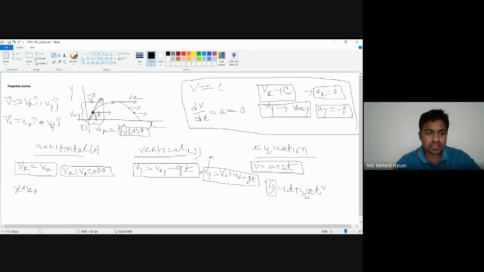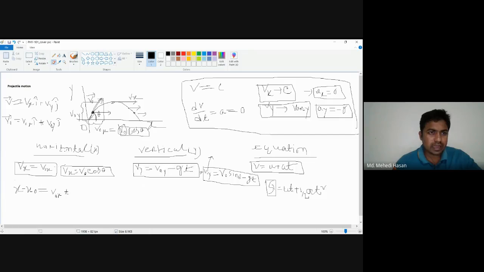So x minus x naught is basically the displacement. So x minus x naught is equal to v naught x t, and since acceleration is 0, the second part is 0, so no need to write down this part.